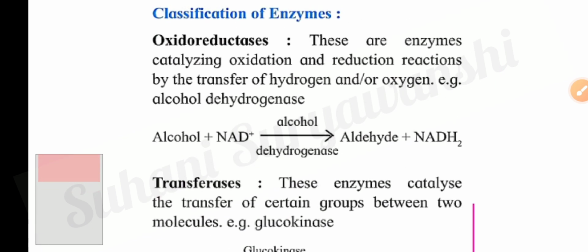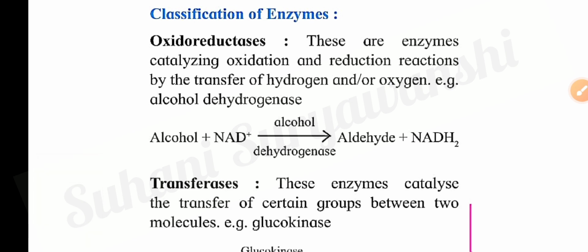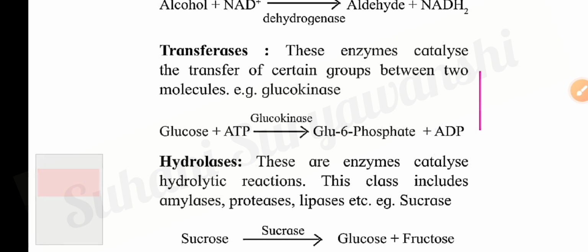Whenever you are explaining the types or classification of enzymes, you should write the reaction. Next, transferase. These enzymes catalyze the transfer of certain groups between two molecules, for example glucokinase reaction. Glucose plus ATP in the presence of glucokinase will give glucose 6-phosphate plus ADP.